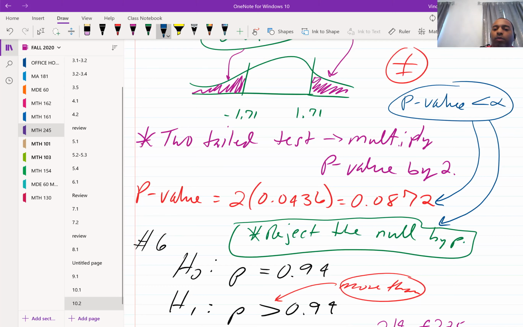All right, our alpha was 0.1. We have 0.087 for our p-value, which is less than alpha, so we will reject the null hypothesis.